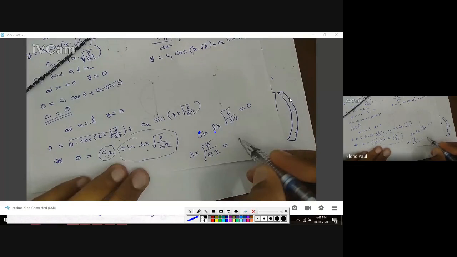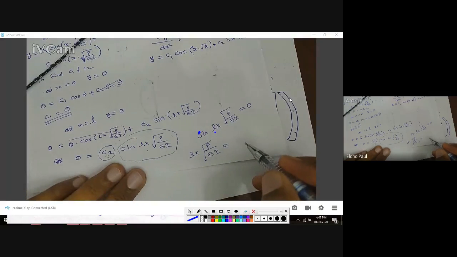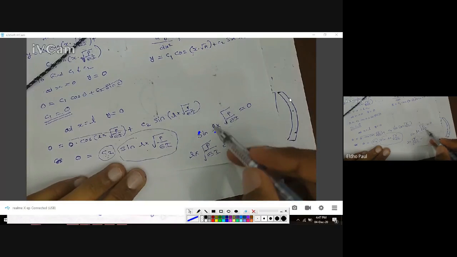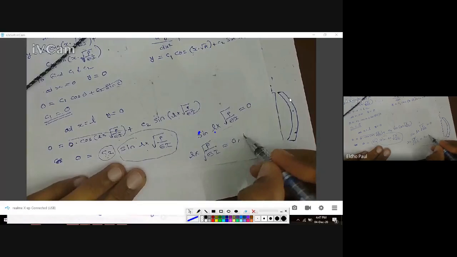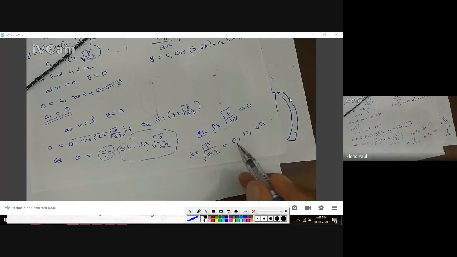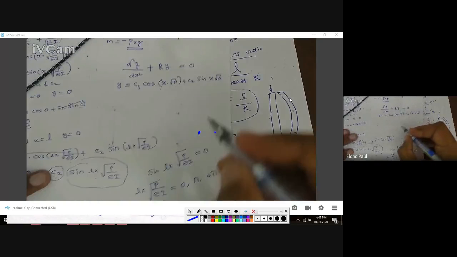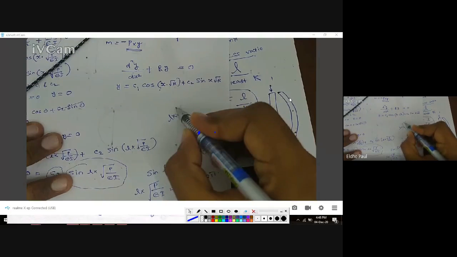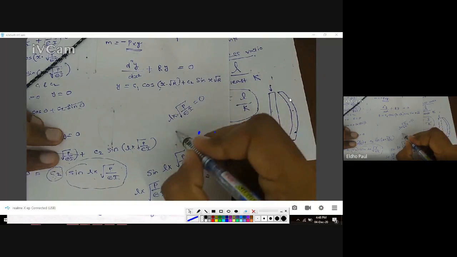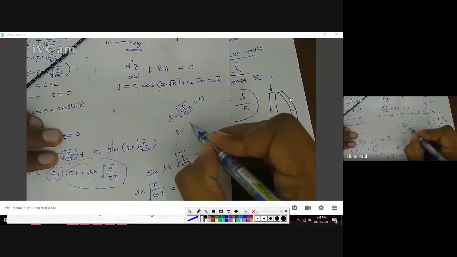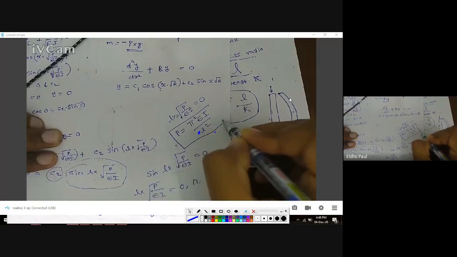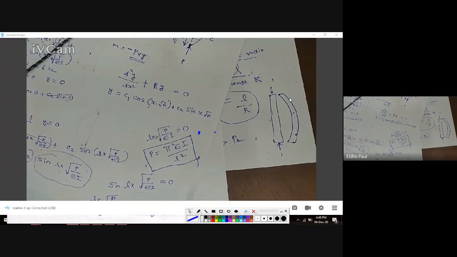Sin 0 equal to 0, sin pi equal to 0, sin 2 pi equal to 0. Right? So L into root p by EI equal to 0, pi, 2 pi, any value is possible. So I am taking the least value. We got L into root p by EI equal to pi, or from this we got P is equal to pi square EI by L square. This is the Euler's equation. P equal to pi square EI by L square.